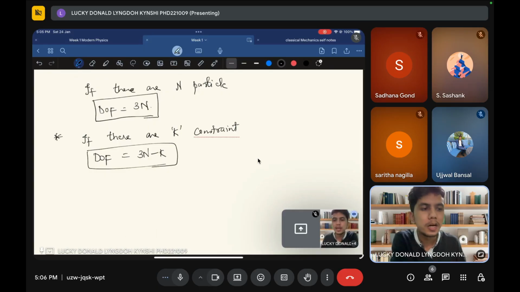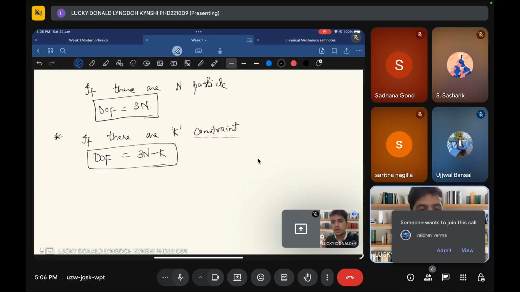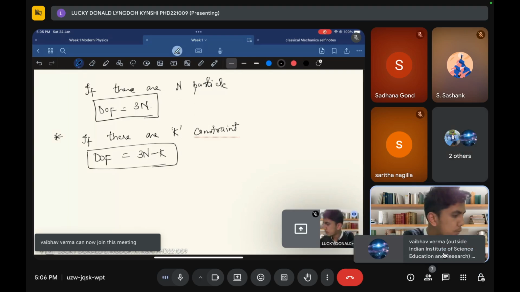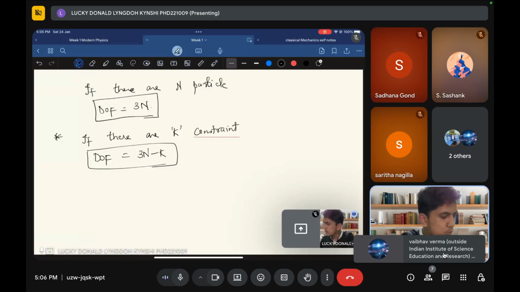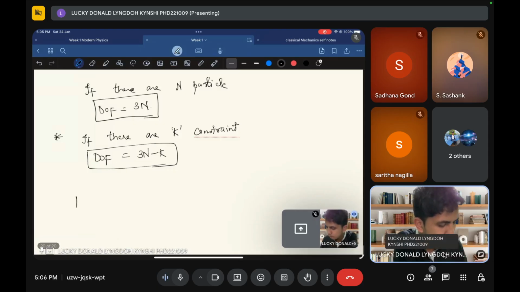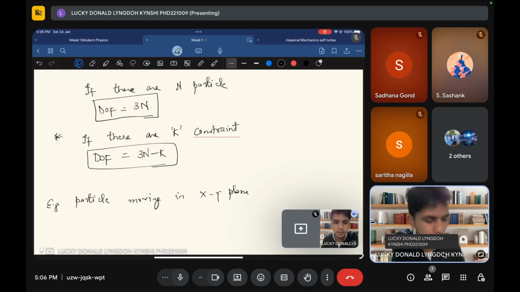A constraint means you put in one equation which relates one coordinate to the other. Let me give you an example. Let's say a particle is moving in the xy plane. So what will the degrees of freedom be?